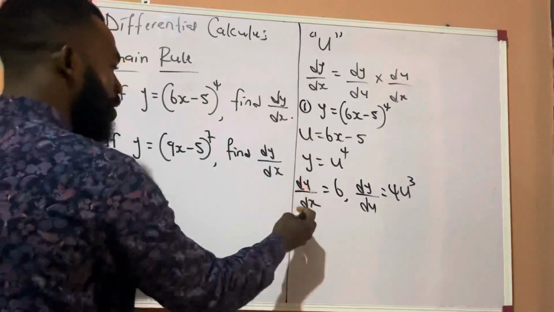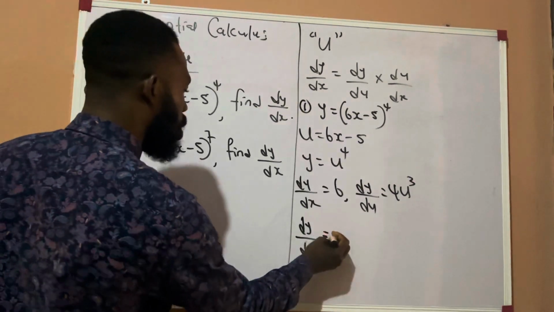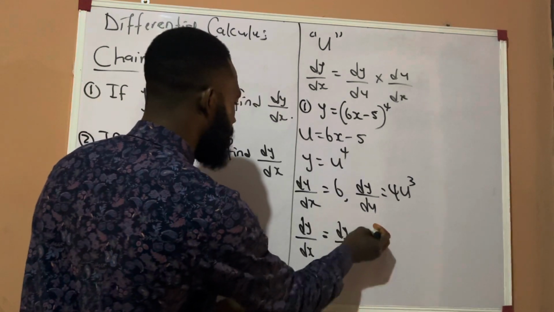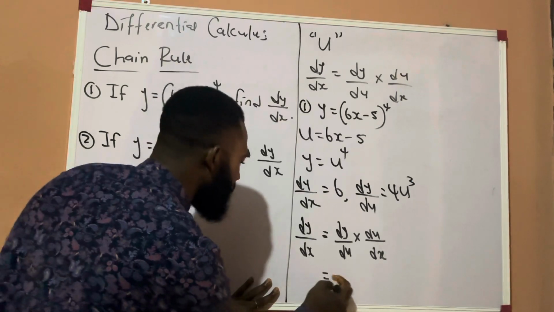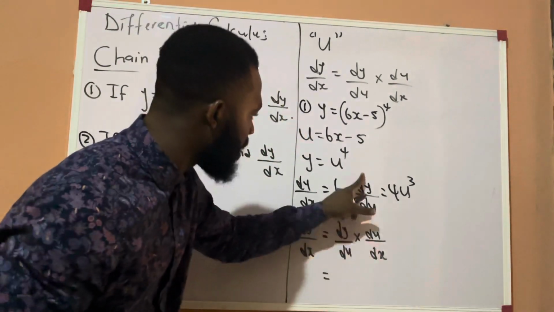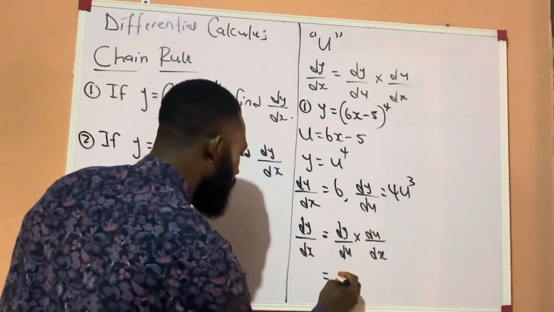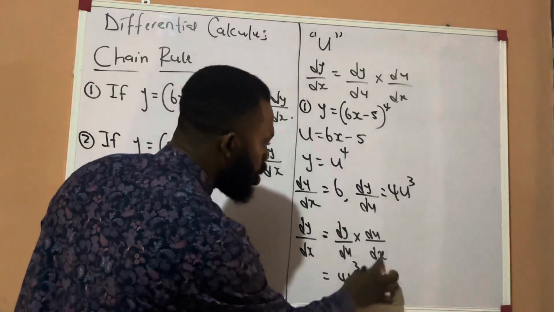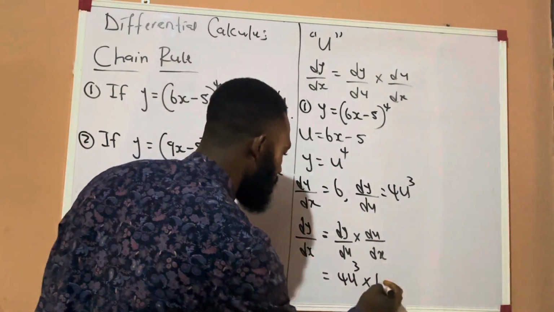Now, the formula says dy over dx is equal to dy over du times du over dx. Now, dy over du here is 4u raised to the power 3, times du over dx, which is 6.